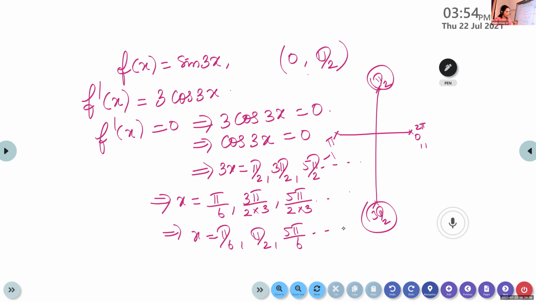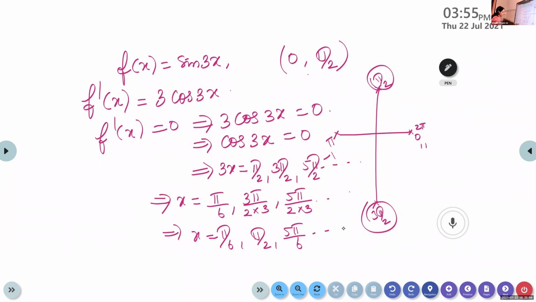For which values will cos become 0? We know that cos 90 is 0, cos 270 is 0, cos 5 pi by 2 is 0, and so on. So from here, what is the value of x? Taking 3 to the other side, it becomes divided by 3. So we get pi by 6, pi by 2, 5 pi by 6, and so on.